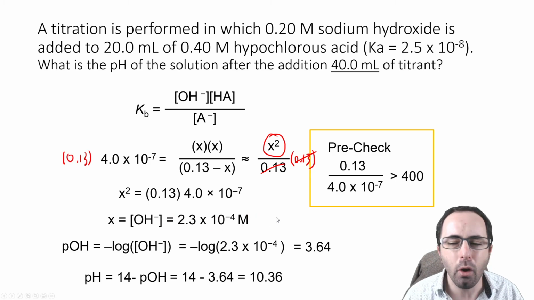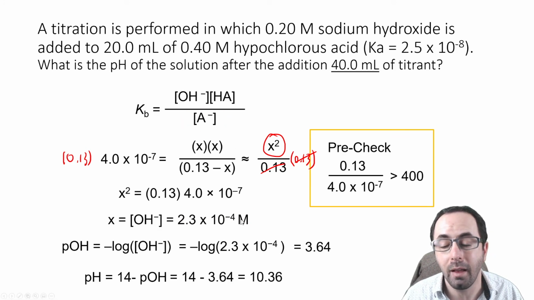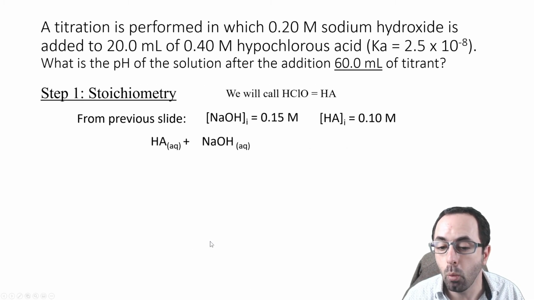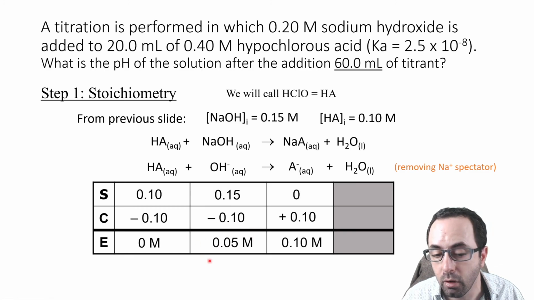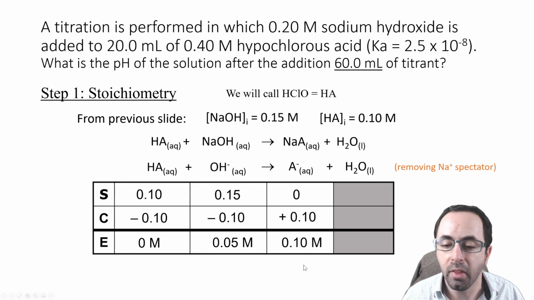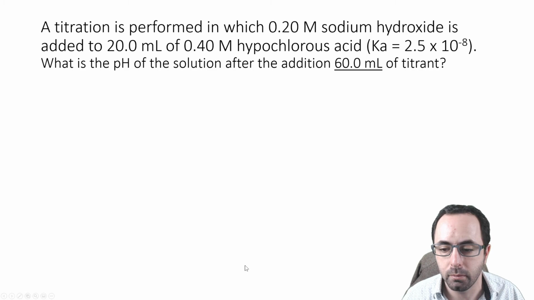Extremely small. 0.05 is so much bigger than that. The amount of hydroxide contributed by the A minus acting like a base is negligible. So we're going to just focus on the 0.05 molar of hydroxide. That is going to dictate our pH. The other is so little of a factor it doesn't matter. That's the assumption for after the equivalence point: it's the excess strong base that decides the pH.